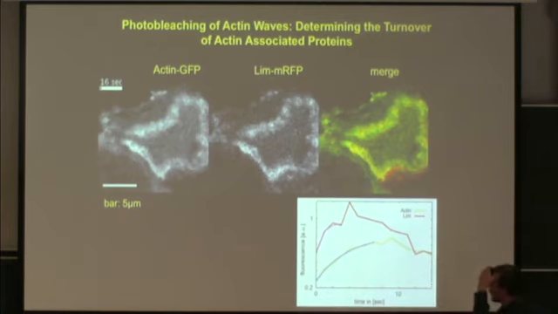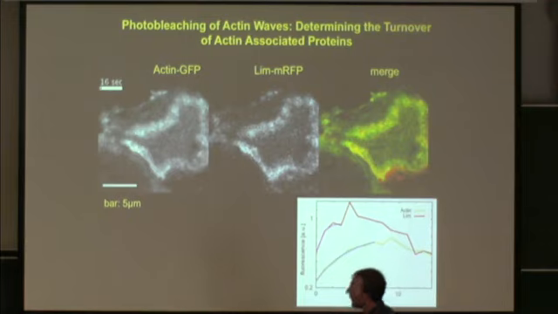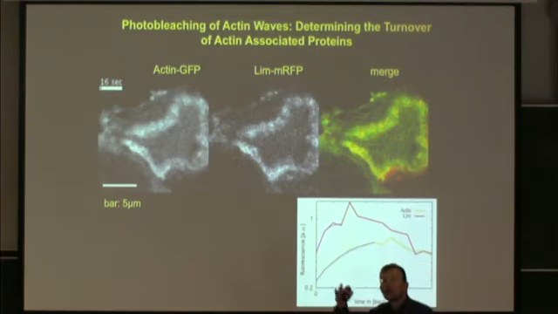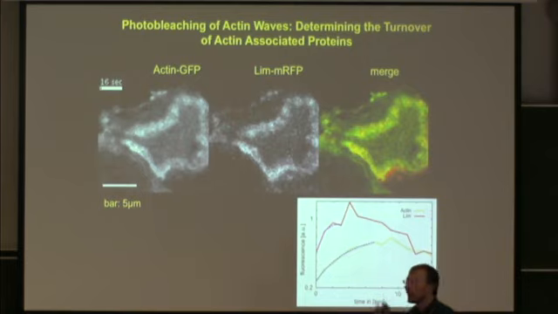I'm only going to give a few details about the experiment. We used photobleaching of these waves and double constructs, so you saw bleaching here, to find out which proteins bind in which temporal order to these waves.